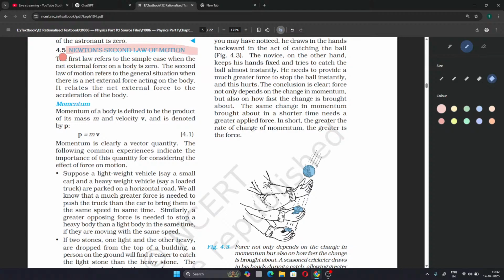The first law refers to a simple case when the net external force on the body is zero. The second law of motion refers to the general situation when there is a net external force acting on the body. It relates the net external force to the acceleration of the body.